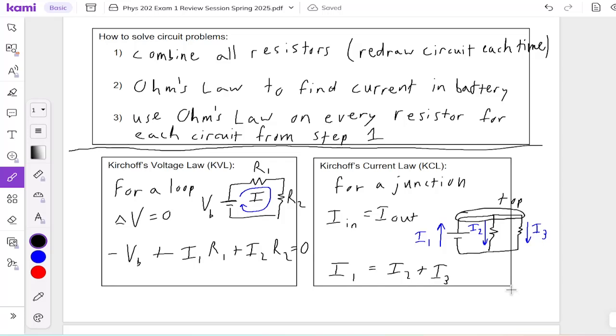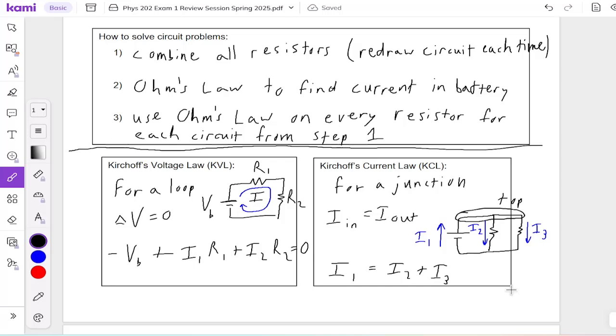You may be wondering, oh man, KVL and KCL, especially KCL, seem really easy. Why don't I just solve circuits that way? And the answer is, trust me, if that was the easy way, I would have started with that. The truth is, KVL and KCL, unless you really like system of equations, you're going to hate it. And so we're not going to do that.